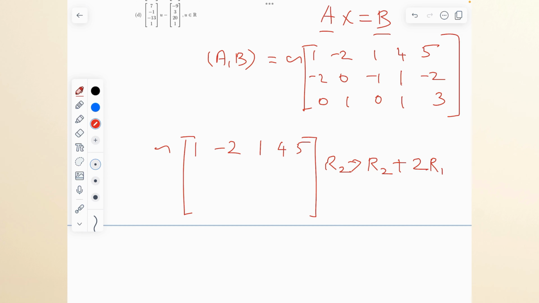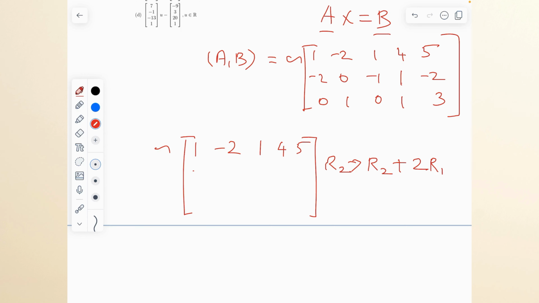Why we are doing this is, then only this element will become 0. For example, minus 2 plus 2 times the first element of the first row will give 0 here. So we are adding to the second row 2 times the first row. Now let us see what will be coming.